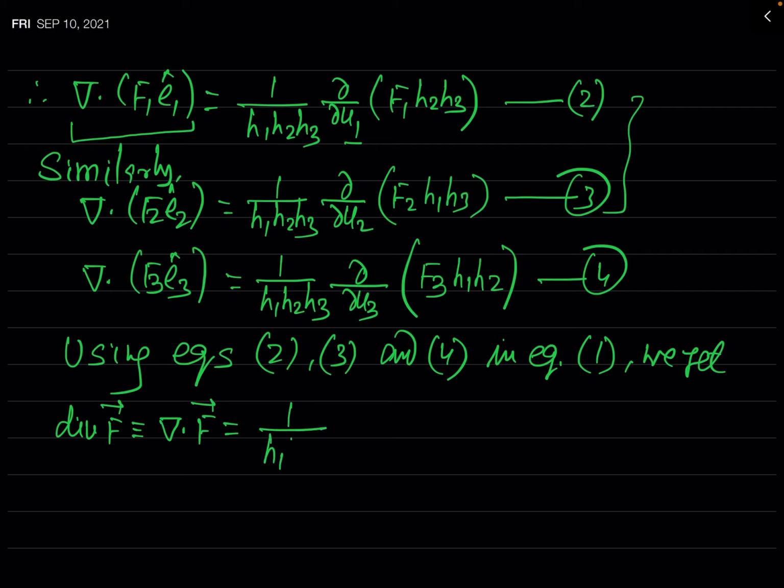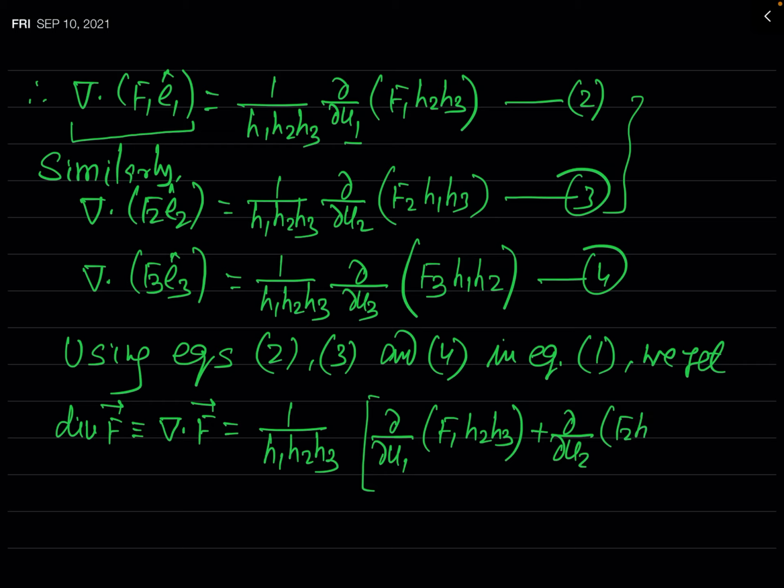You know H1 H2 H3 are actually scale factors, and the remaining terms will be del U1 of F1 H2 H3, plus del U2 of F2 H1 H3, and plus del U3 of F3 H1 H2.